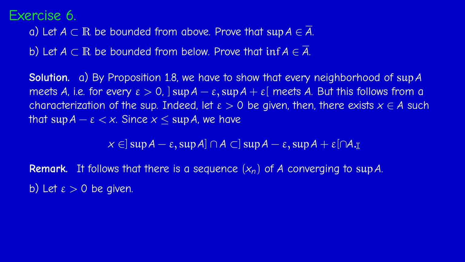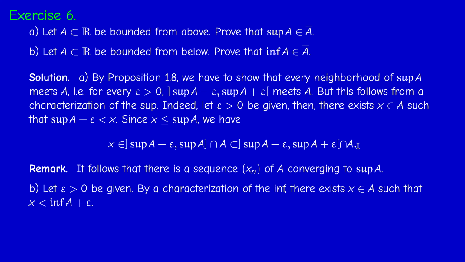For the infimum, it's the same thing, just a mirror image. The inf is the biggest lower bound, so anything bigger is not a lower bound. So if epsilon is given, inf A plus epsilon is not a lower bound, so I can find an element x in A which is less than inf A plus epsilon.